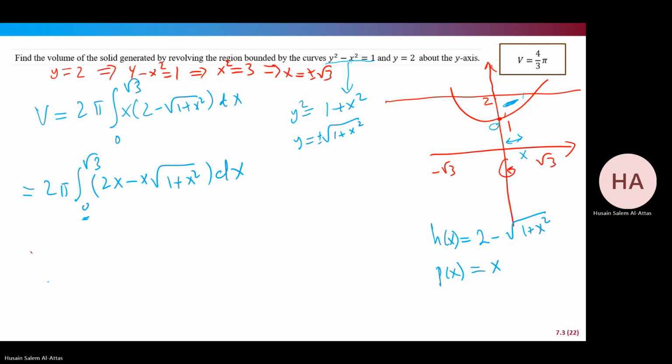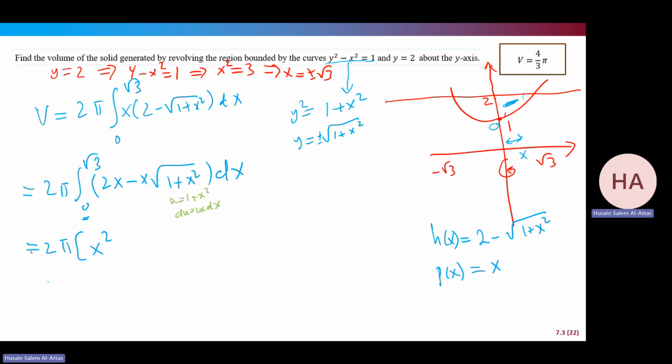Okay. Now let me do the calculation. That gives me what? The integration now. I have 2 pi x squared. Yeah, here, this is u. If u equals 1 plus x squared, then du equals 2x dx.